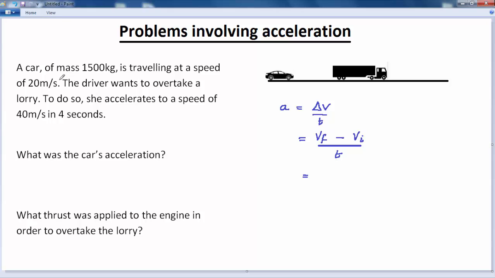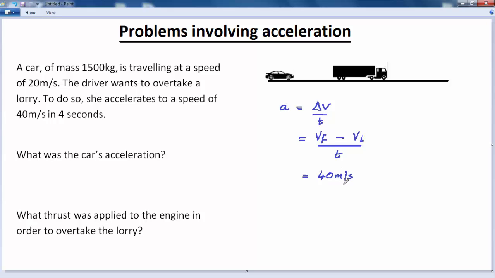And in this problem we see that the final velocity is 40 meters per second. Now in many problems in physics, typically the body will start from rest, but you need to note here that the car isn't at rest at the moment. It's not stationary, it's moving with a speed of 20 meters per second.